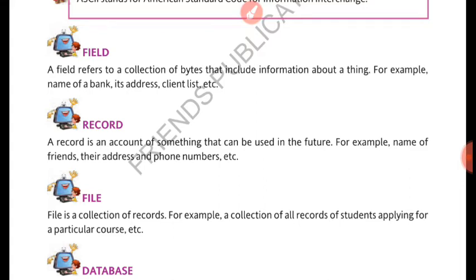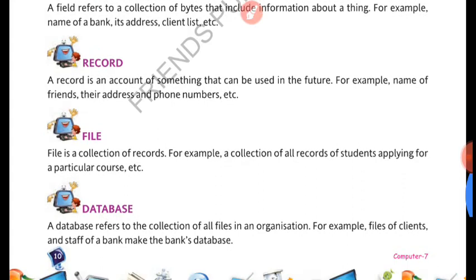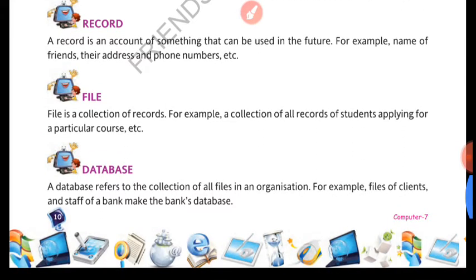If we go further, the larger unit is a record. Suppose your name is Ram, your address is Pukhta Bazaar, your class is 7th. This is the record. Like that, there may be many records. This is the larger unit in comparison to field.